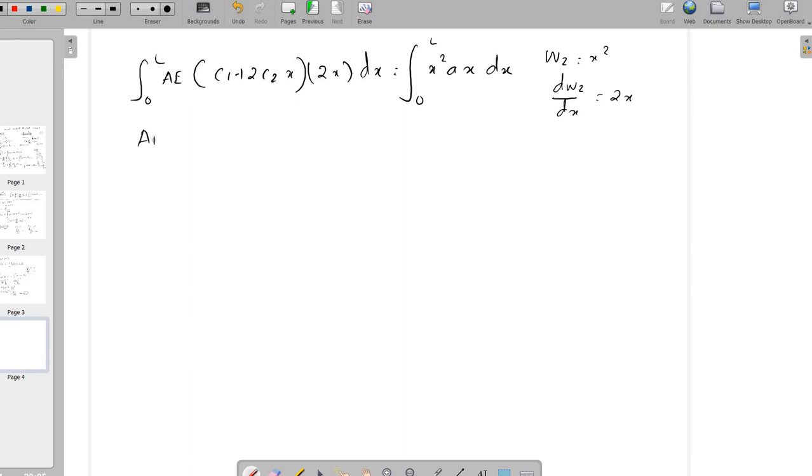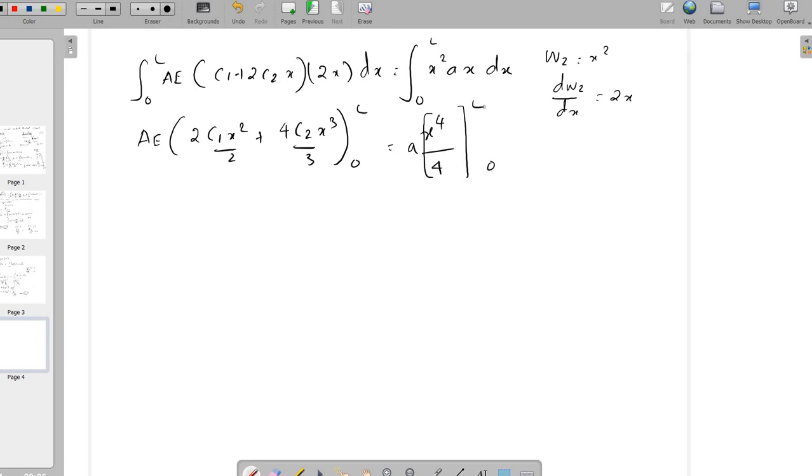Integrating AE, multiplying x inside, it is 2C1x square by 2 plus, multiplying 4 and x, it is 4C2x cube by 3. Substituting limits 0 to L, the right side is x power 4 by 4 into a.